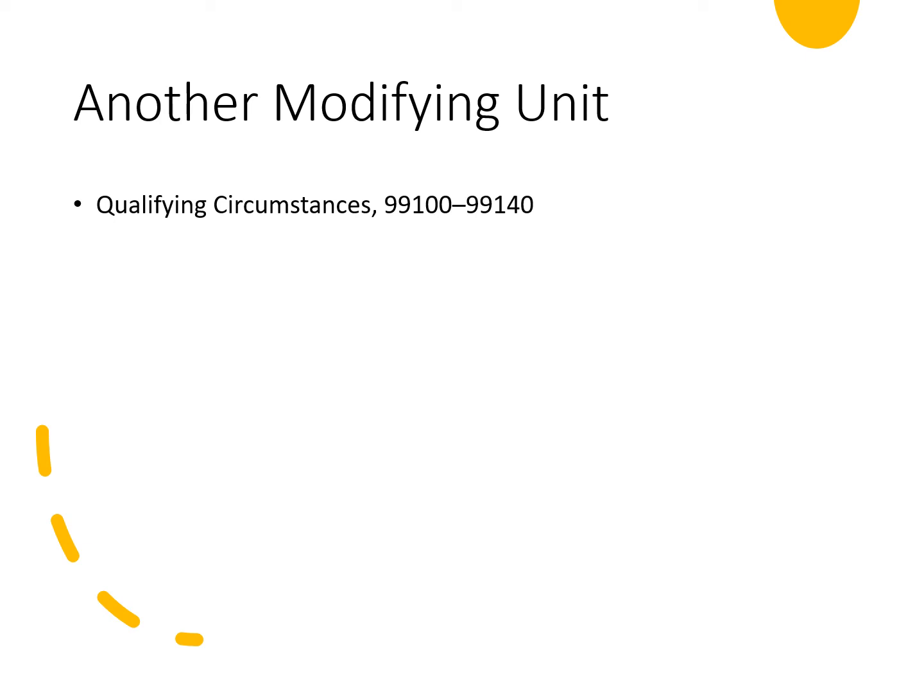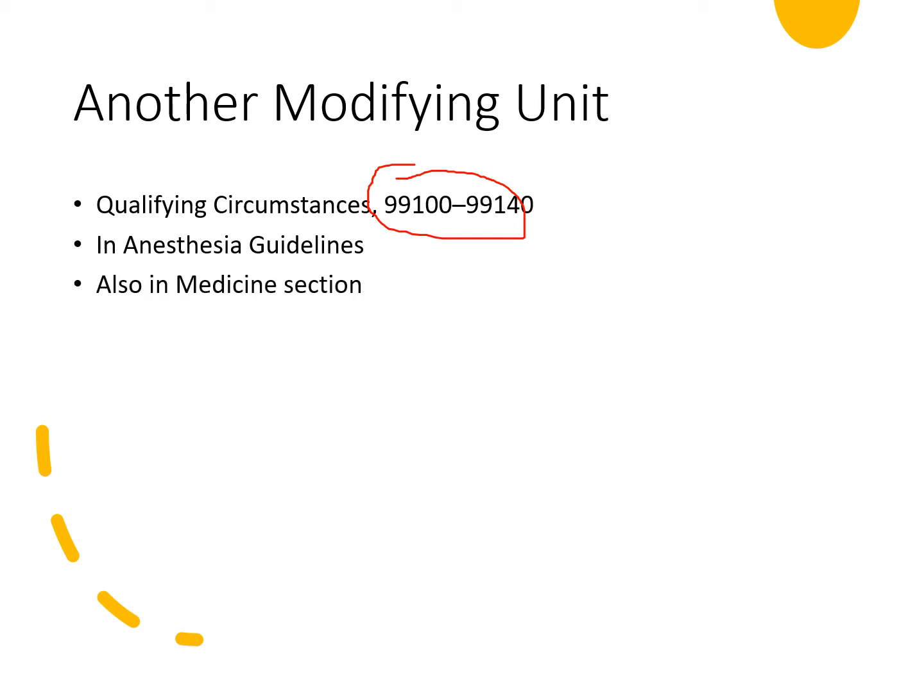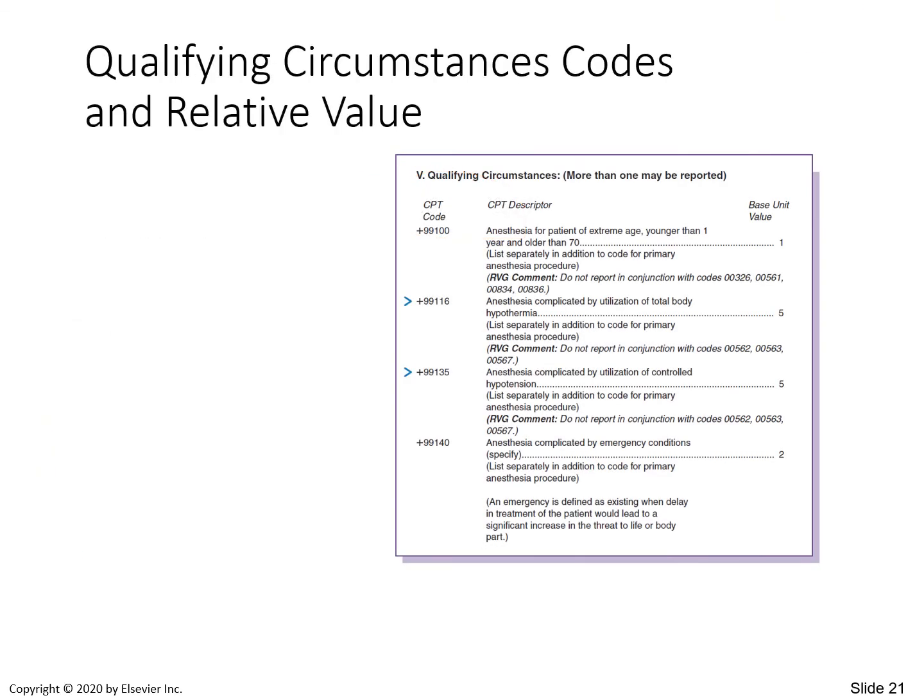Another modifying unit is qualifying circumstances, and those are 99100 to 99140, located again in the green pages of the anesthesia section in the CPT and also in the medical. So here we go, qualifying circumstances, codes, and relative value.